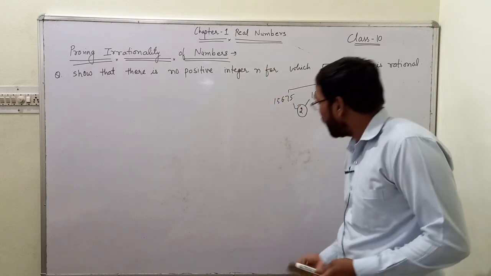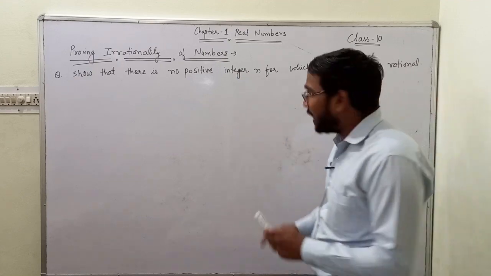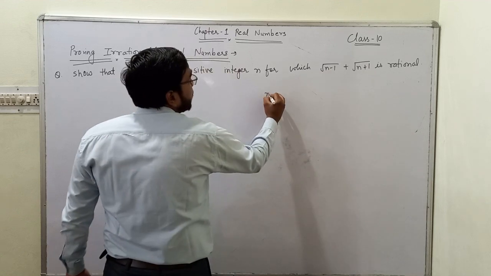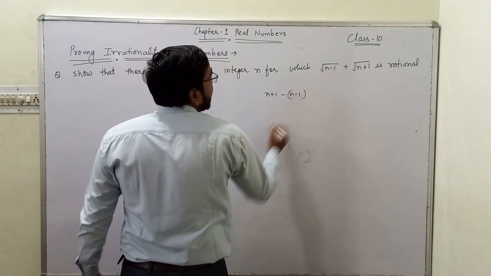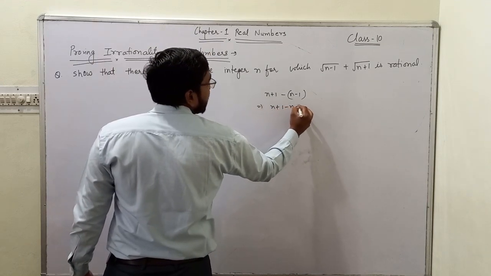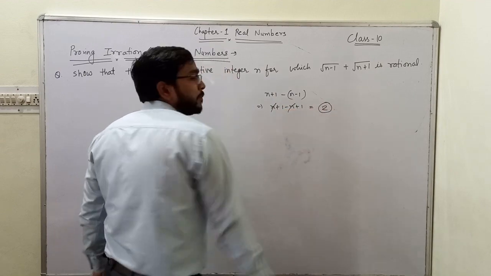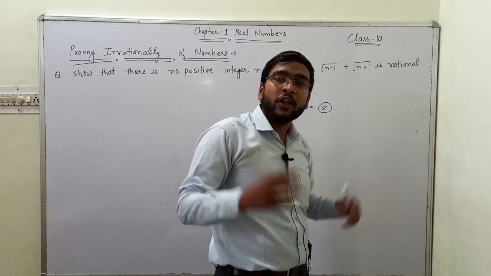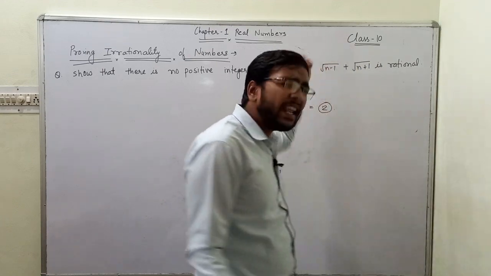Okay, now what does this have to do with our question? Let me tell you. Here the second number is n plus 1 and this number is n minus 1. If I solve this expression, I can see that the numbers here differ by 2. Okay, so these two numbers cannot be perfect squares at the same time for any value of n.